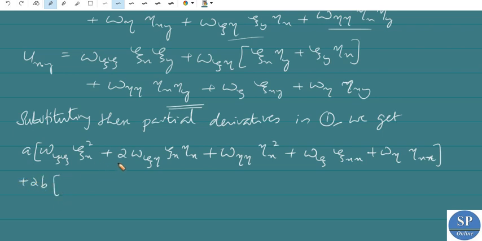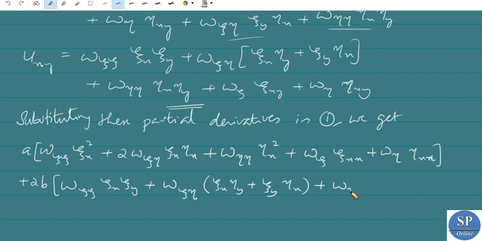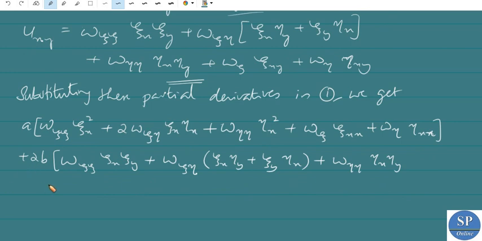Now we have uxy is w zeta zeta into zeta x zeta y plus w zeta eta into zeta x eta y plus zeta y eta x plus w eta eta into eta x eta y plus w zeta into zeta xy plus w eta into eta xy.